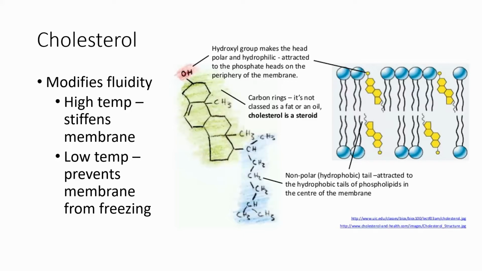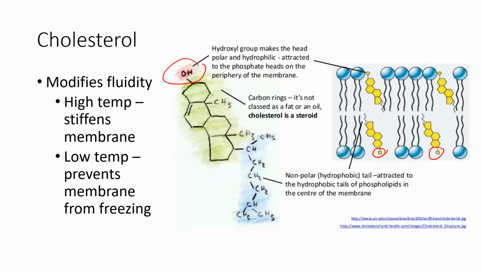Now, last but not least, cholesterol is very important. It is mostly nonpolar, but it does have an OH group that is polar, and this can allow it to basically end up in the same area as the polar heads of a phospholipid. But the important purpose of cholesterol in cell membranes is that it helps regulate the fluidity of the membrane.